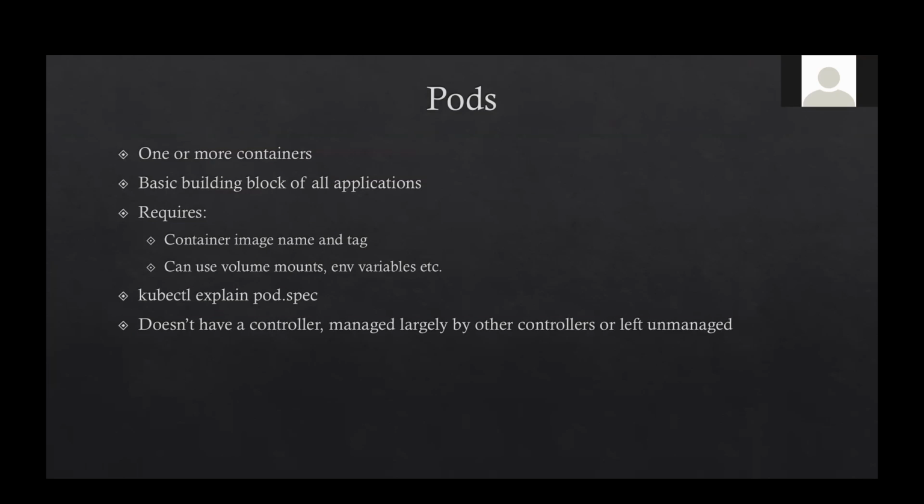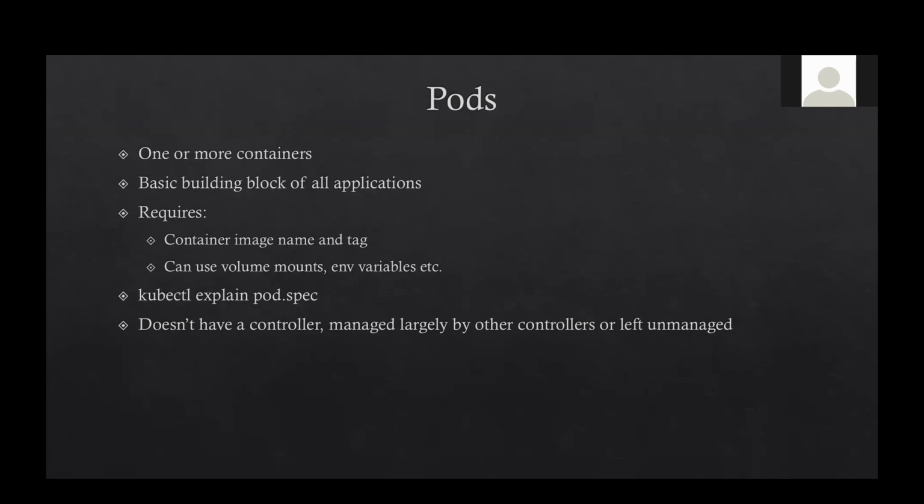Right. So pods basically have one or more containers. They are the basic building blocks of all applications. And pods require an image name and a tag. We talked about the Docker image at the beginning. The Docker image has an image name and it has a tag, which follows similar version.